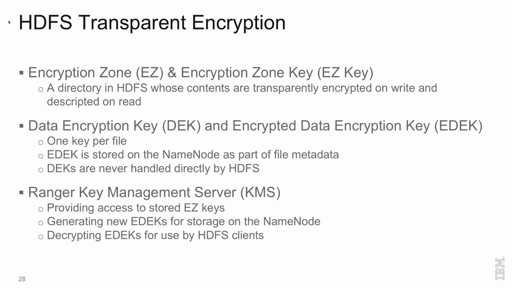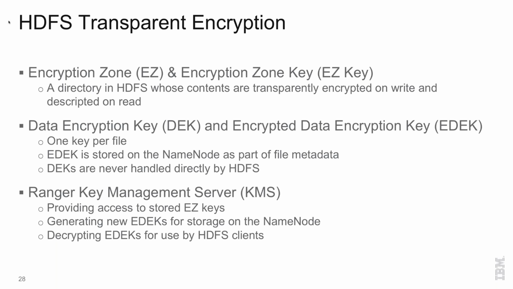Each time you want to enable transparent encryption, the first thing you need to do is set up an encryption zone and create an encryption zone key that is directly associated with this encryption zone. After you set up an encryption key, the transparent encryption uses the data encryption key to encrypt the data.